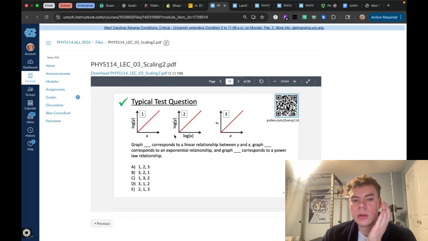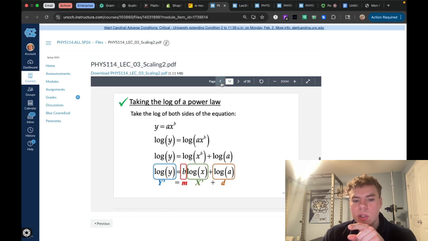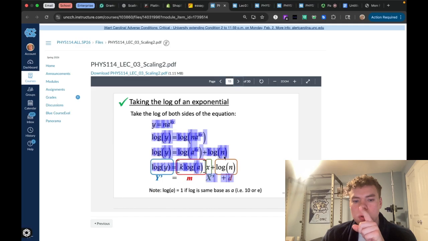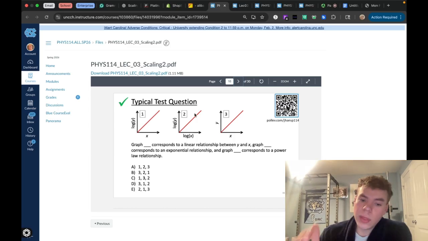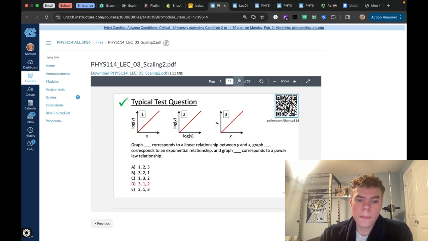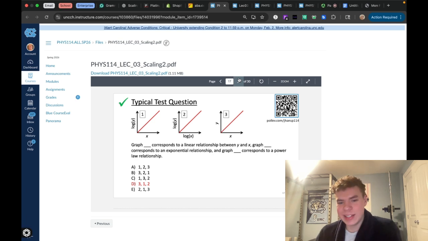So I'm saying graph 3 corresponds to the linear relationship, the exponential relationship corresponds to 1, and then 2 corresponds to the power law. That's just a guess. I really don't know. I'm going to say it's D. I got it right. Didn't even know it.